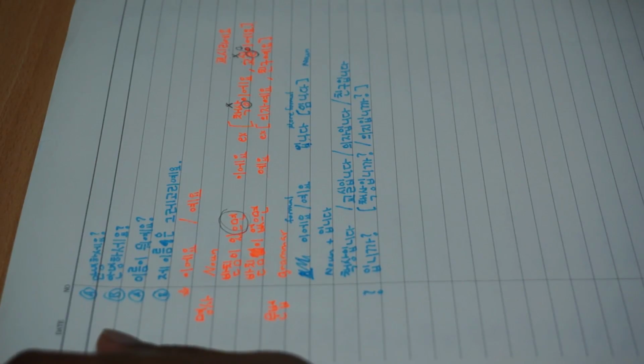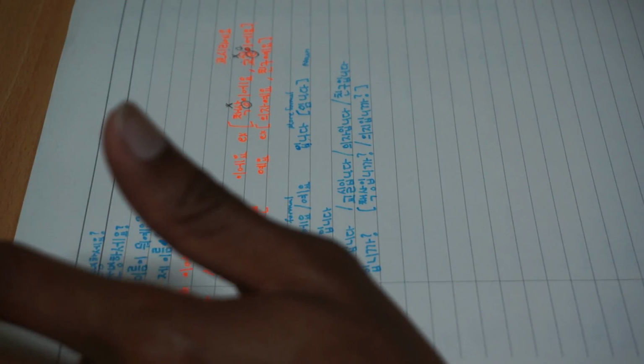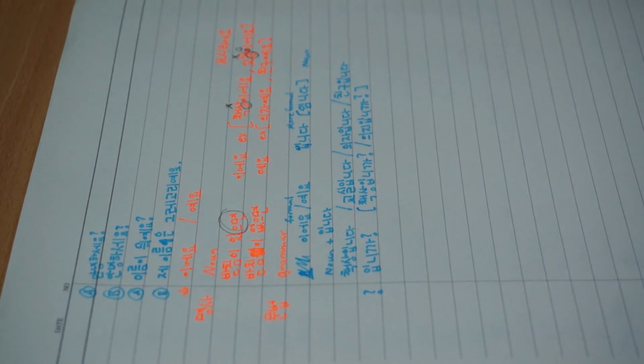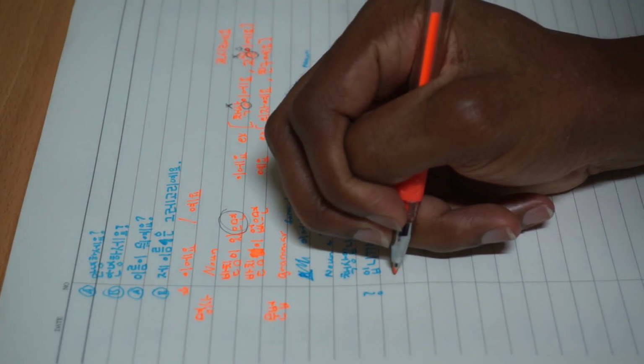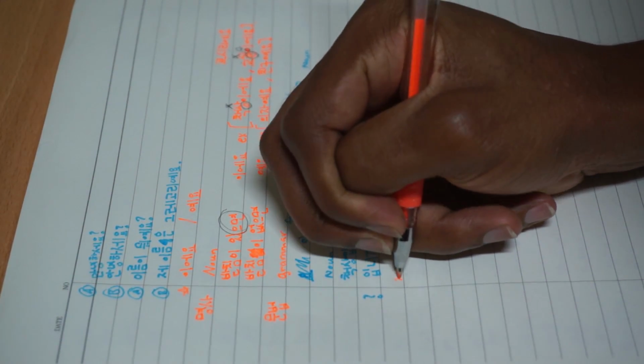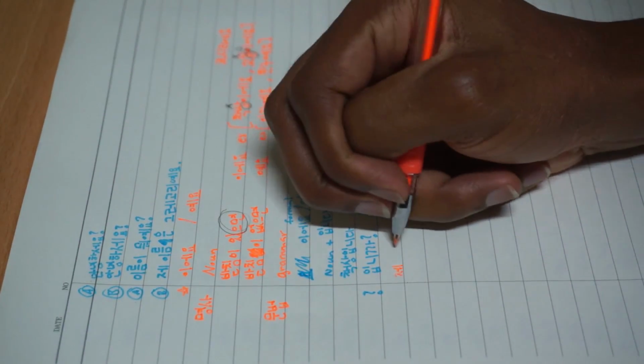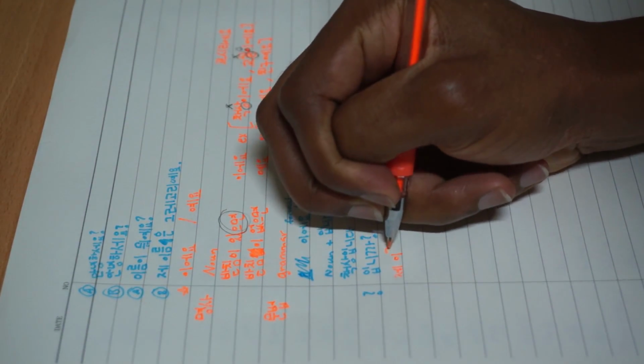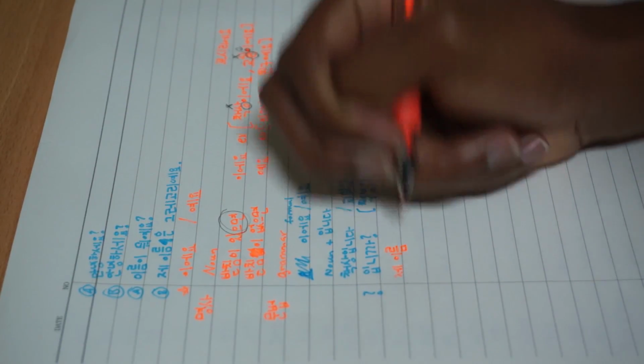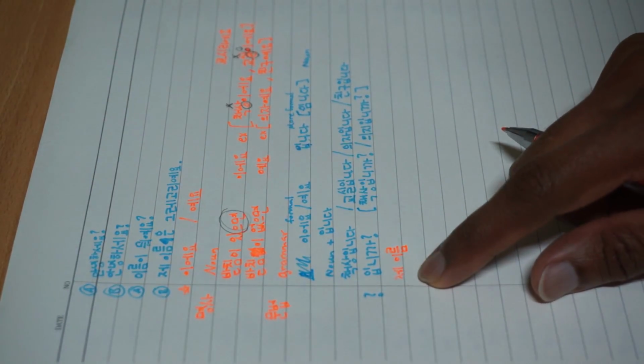The first thing is knowing whether it's a possessive or not, so then we have two different ones. We have 제 이름. 제 would be my.